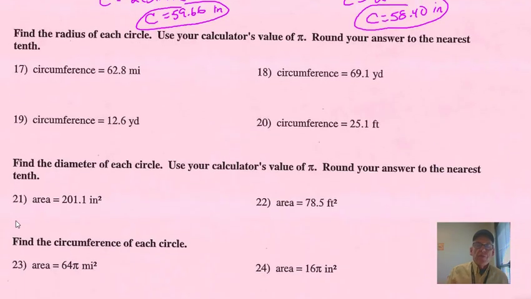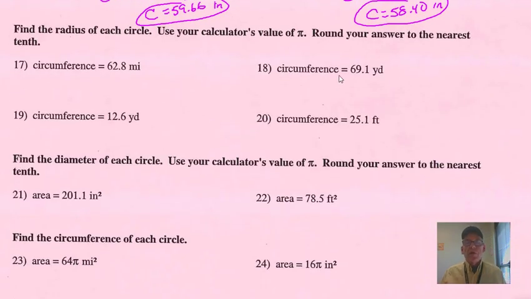carry them on through. Here we want to find the radius, and they're giving us the circumference. So we need to kind of work our c equals 2 pi r backwards. So c is equal to 2 pi r, which is 2 times 3.14 times r.